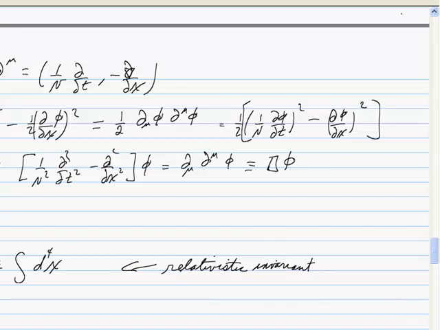And the math way that you prove that is you do a Lorentz transformation from x and t to x prime and t prime, calculate the Jacobian, and it turns out to be 1.